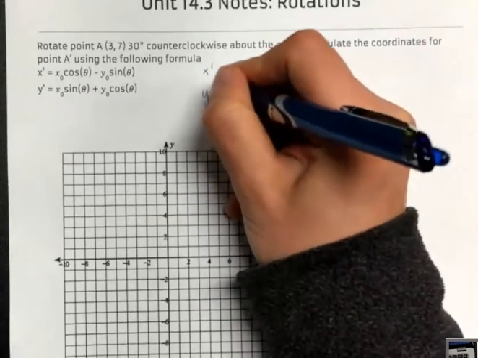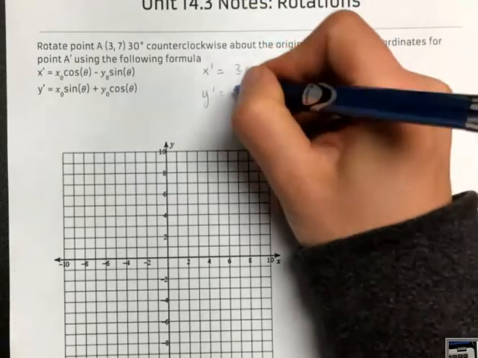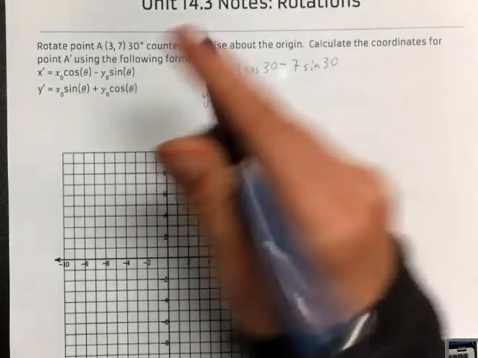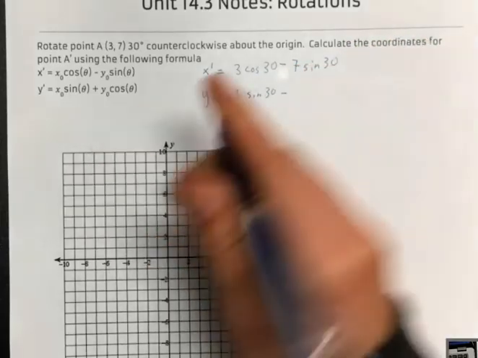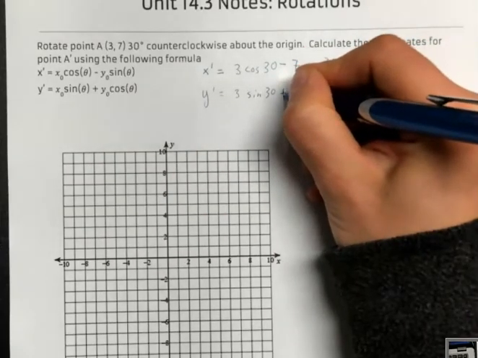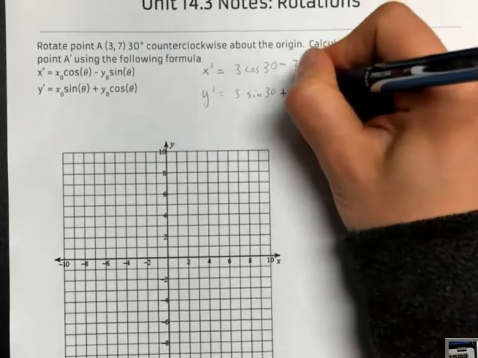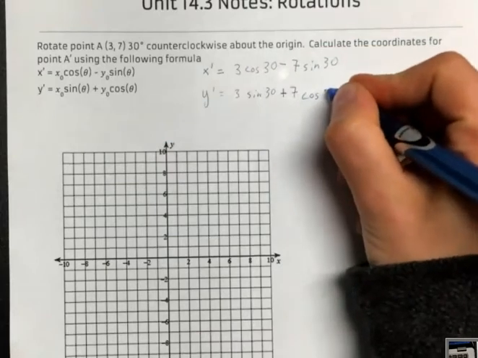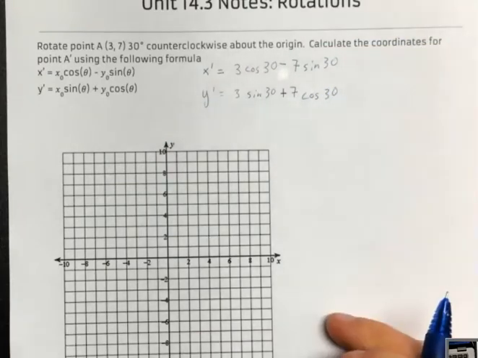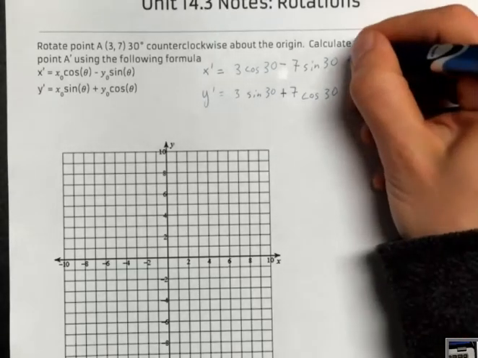My y prime is going to equal my original x, so 3, sine of the angle, sine 30, plus my original y, 7, cosine of the angle. So now all I have to do is take this and plug it into my calculator.